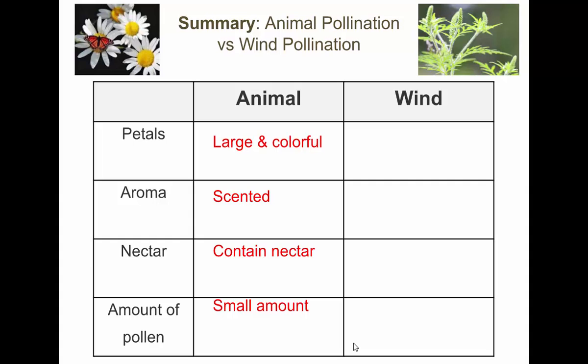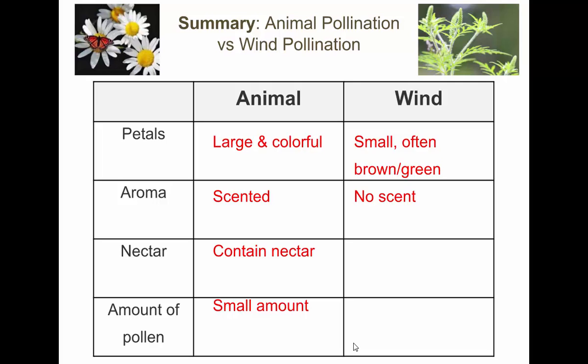pollinated flowers. Wind pollinated flowers, how about their petals? Very small, usually not colorful. Aroma? No. Because they're not adapted to attract the animals, they're adapted to just blowing through the wind.